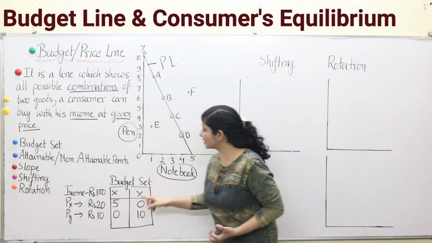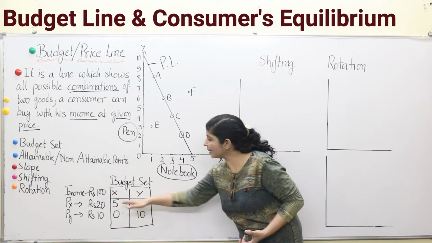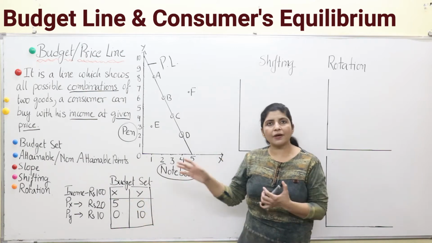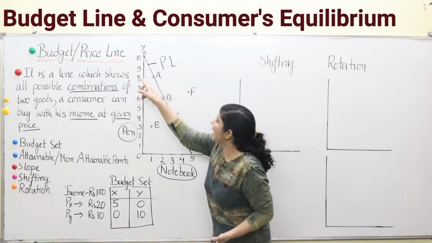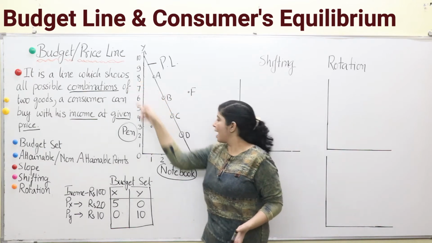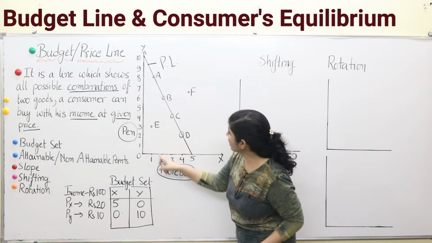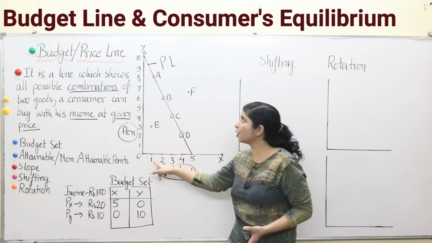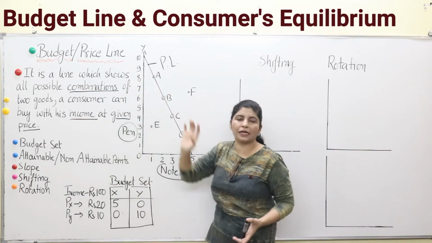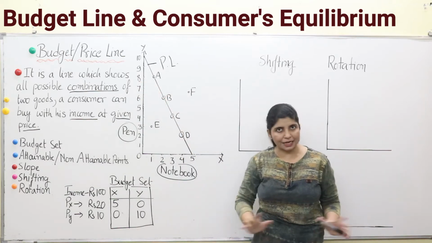This is our budget set. In between these two extreme points, a person can have different combinations. He can buy 8 units of pen and 1 unit of notebook. That means 20 rupees plus 80 rupees, 100 rupees, all money is spent.